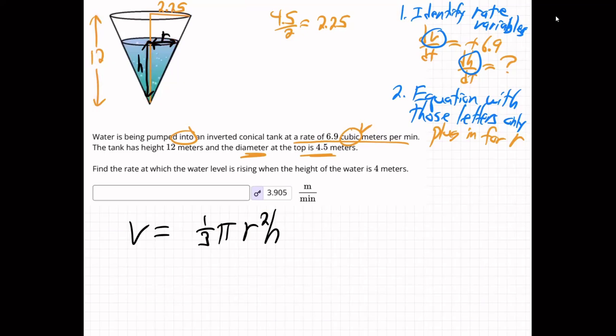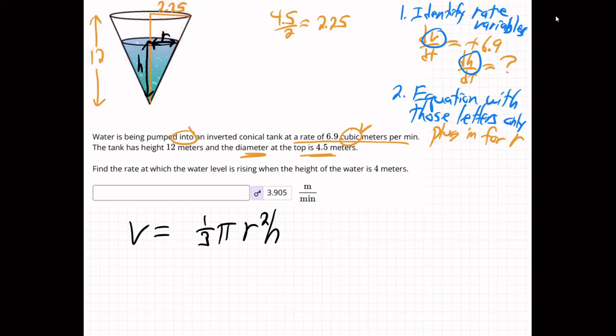And we can notice similar triangles. Have you seen that before? You can say this: height is to this as this is to this.